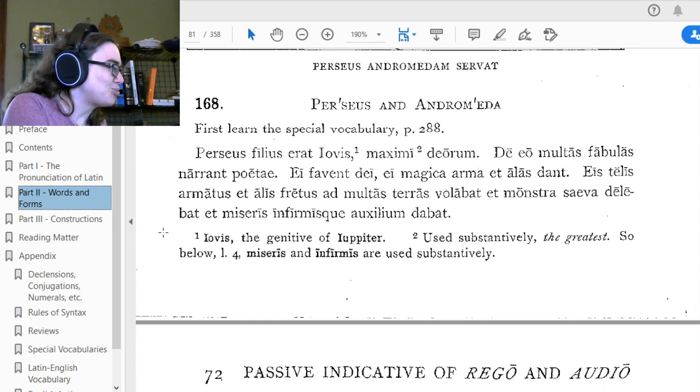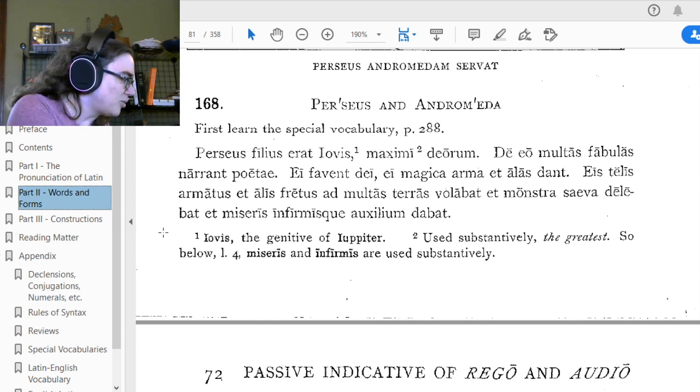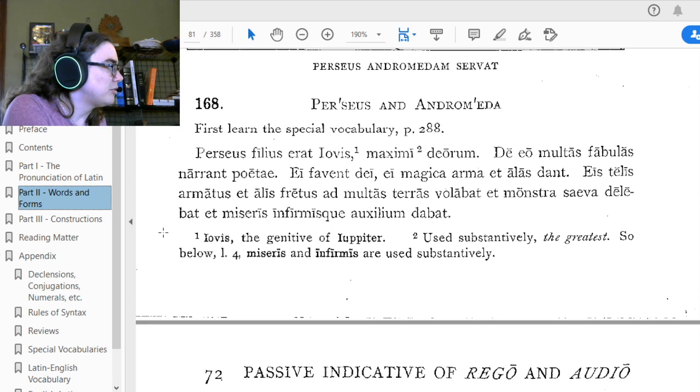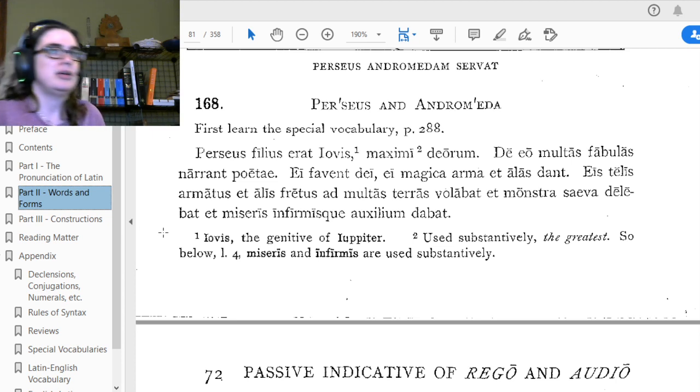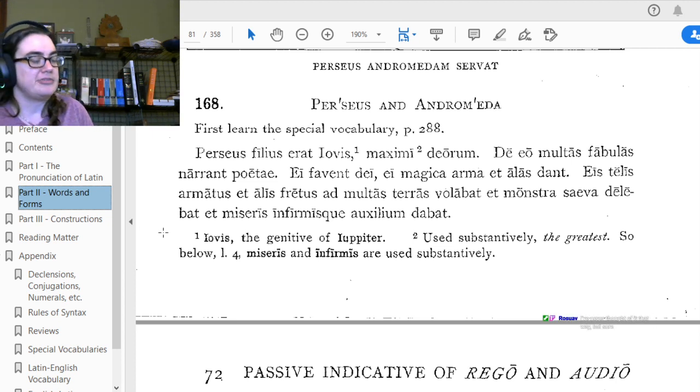I want to say it means bridled, which seems like a weird word, but it makes sense. Because what is a bridle except a sandal for a horse's mouth? Do you think about that? Oh, fretus. Why did I forget this? Relying on, trusting to, supported by. Dummy. Man, it's been a while since I've read any Latin.